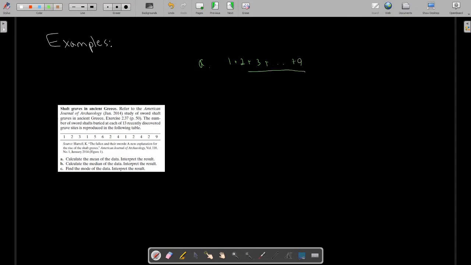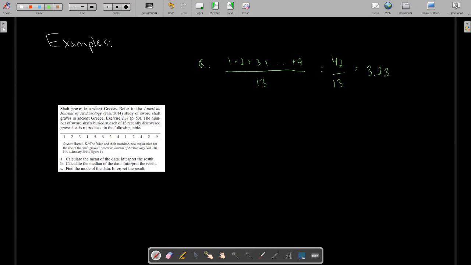And then we'll take all those numbers and divide by how many data values we have. And thankfully, it tells us right away in the problem that there are 13 values. And so when we add up all of those, we end up getting 42. And this is the number that we divide by 13 to get about 3.23.